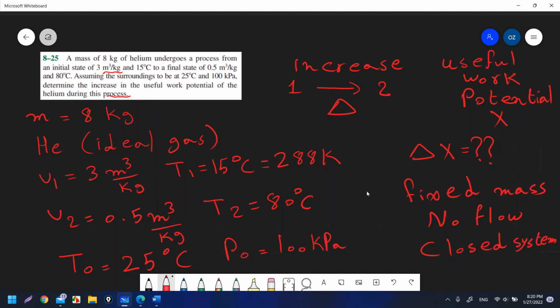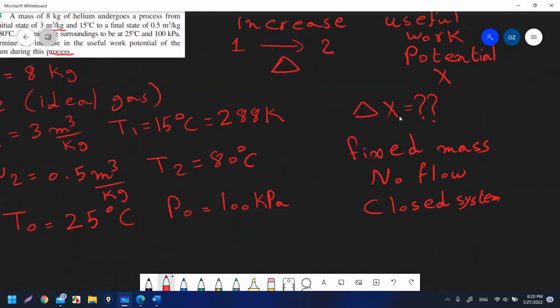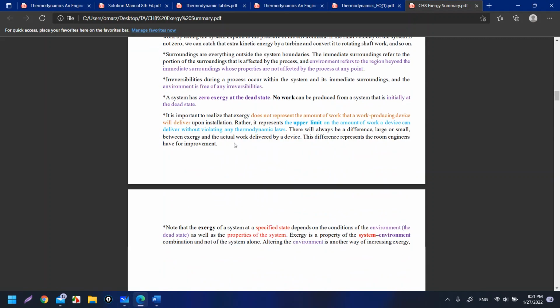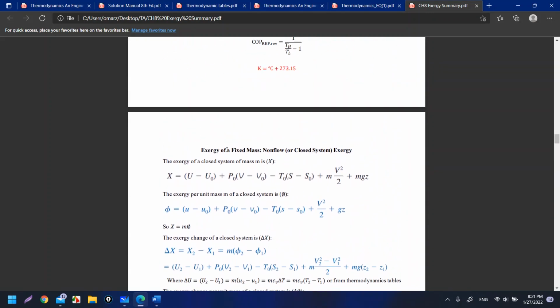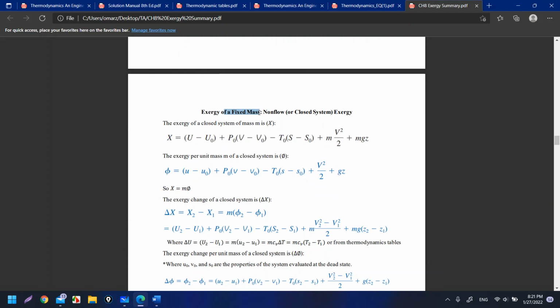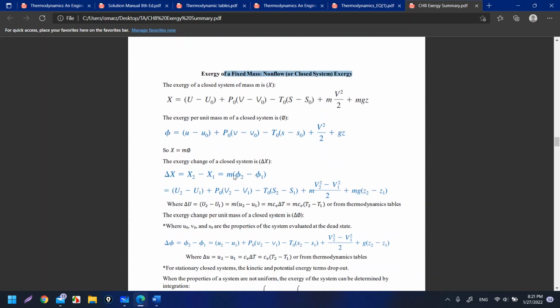Okay, then we have to go to the equation sheet and see what is the equation to find the delta X, the change in Exergy. For Exergy of a fixed mass, non-flow or closed system, that is the equation x2 minus x1.